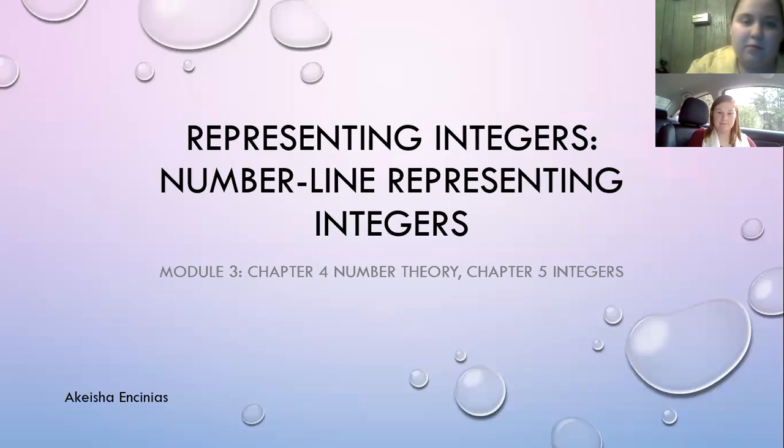I'm going to be teaching about number lines representing our integers. So she gave us some great examples on what an integer is. And another way to think about it is that they are counting numbers.